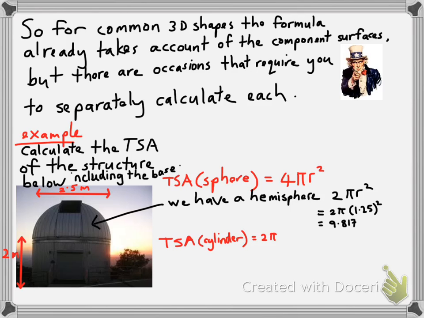Now we'll assume that we're going to include the base of this cylinder. So if we look at the total surface area formula for a cylinder, which is 2 pi r squared plus 2 pi rh, we'll use that formula, but remember, because the dome is sitting on top, we no longer have exposed the surface which represents the top of the cylinder. So instead of 2 pi r squared here, we'll only need a single pi r squared.